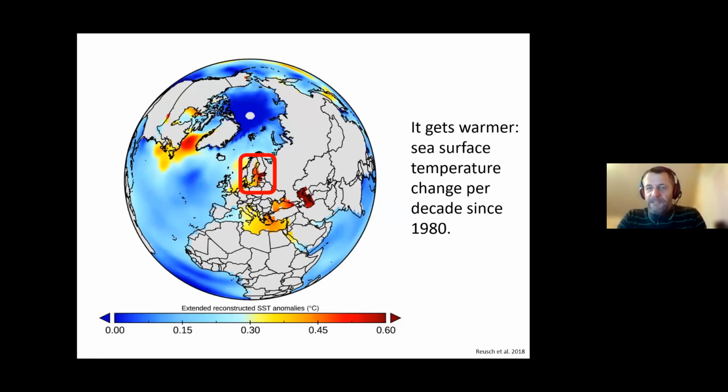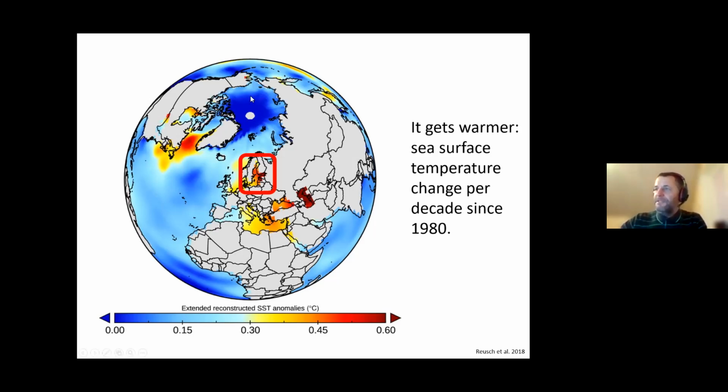By no means is it a surprise for you that it gets warmer. It gets warmer almost everywhere. I don't know why the Arctic is shown as cold here, but actually the most recent evidence is saying that the Arctic is probably warming at the most rapid speed.